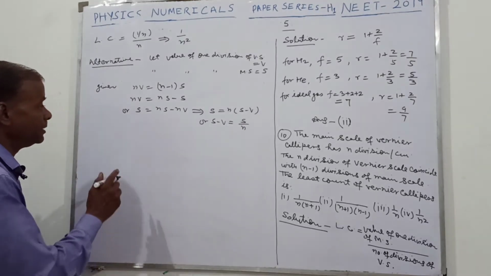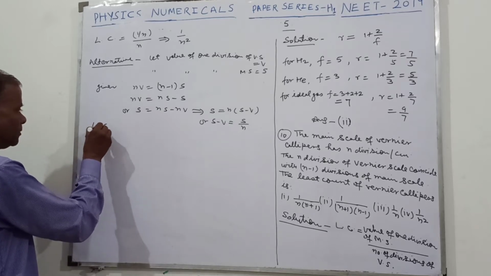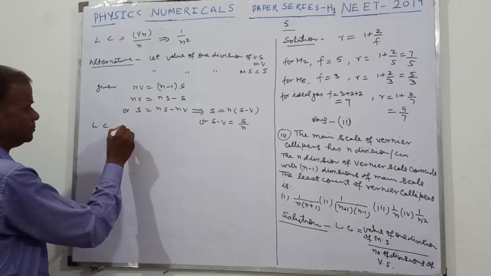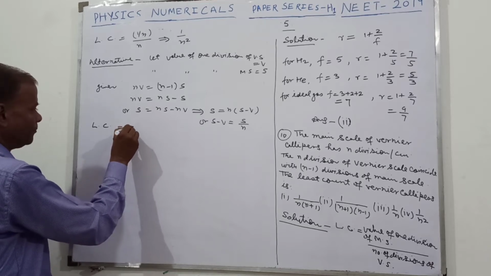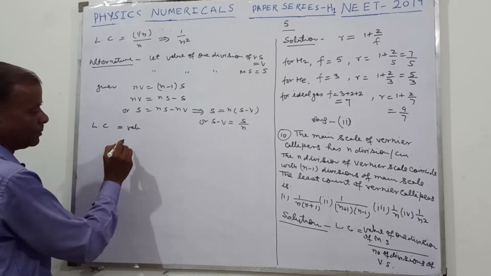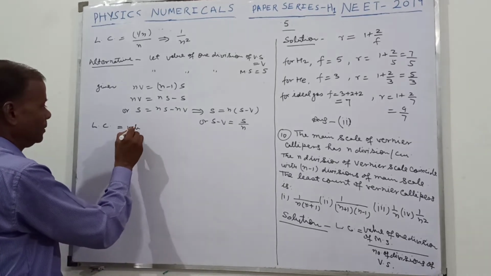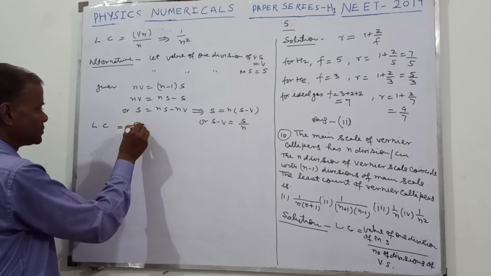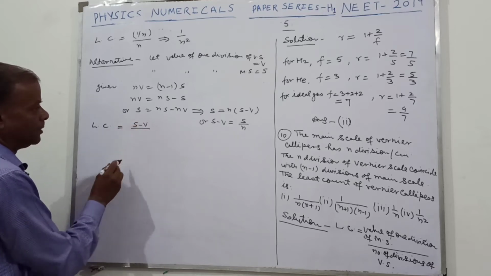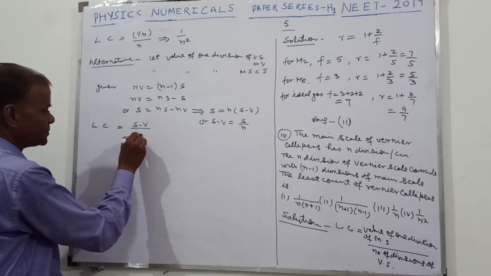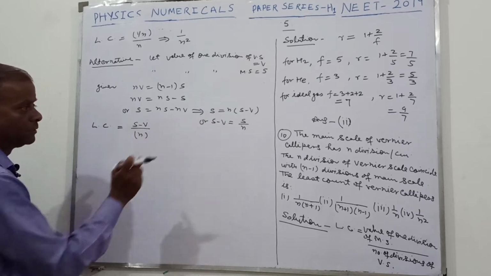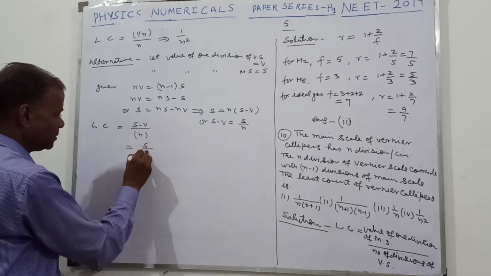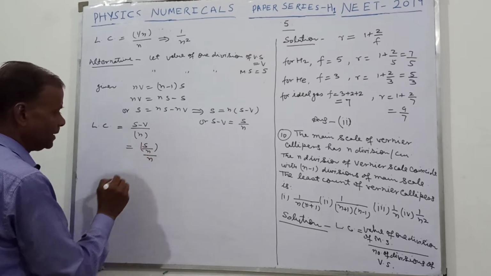So actually the least count equals S minus V upon the total number of divisions, which is S upon n upon n.